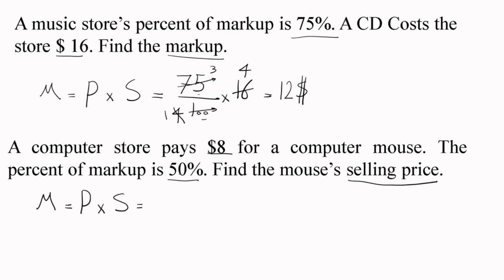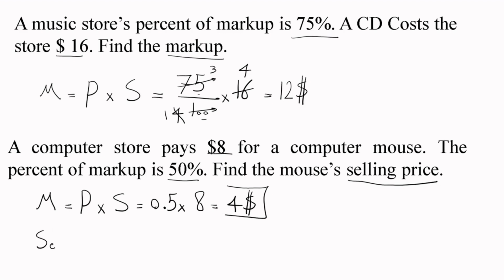What is the percent of markup here? It is 50%, but you must write it as a number. Here, I'm going to write it as a decimal. 0.5 times 8. So the answer is $4. This is the markup. But the question is talking about selling price, right?